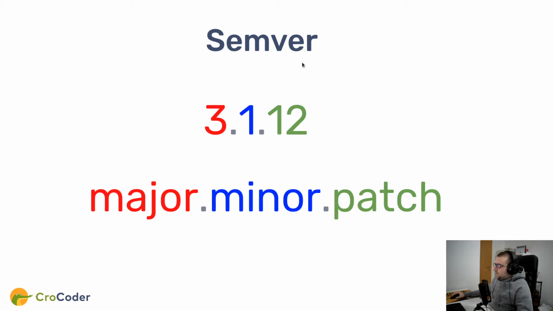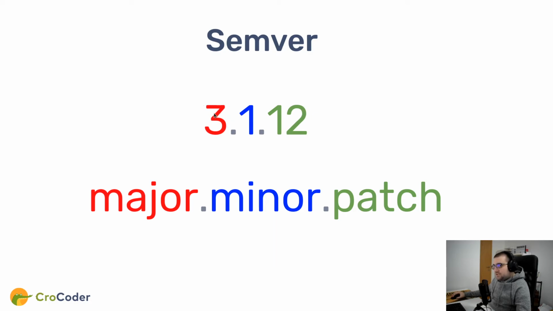So semantic versioning is when you version your code, at least your production ready code, with 3 different numbers or more, or maybe some letters in there, but don't worry about that. So there are 3 different things. It's like 3.1.12. This actually says to the developer that you had 3 different major versions.